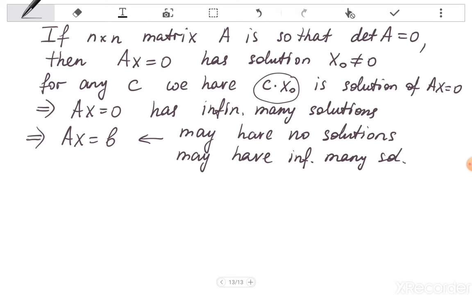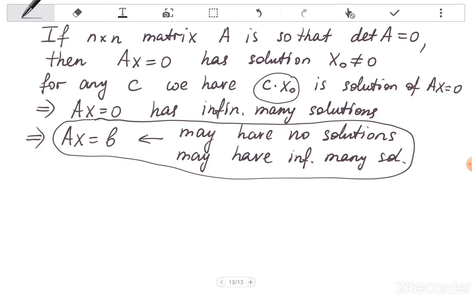So you see what conclusion we made from this. If the determinant of A is 0, this system may have no solutions or infinitely many solutions. So in this case, we will not have the case when the system has a unique solution.